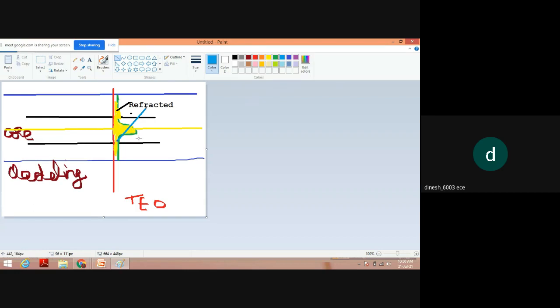If reflected, now if I'm having a reflected wave, the wave will move in this fashion. It is reflected. Okay.